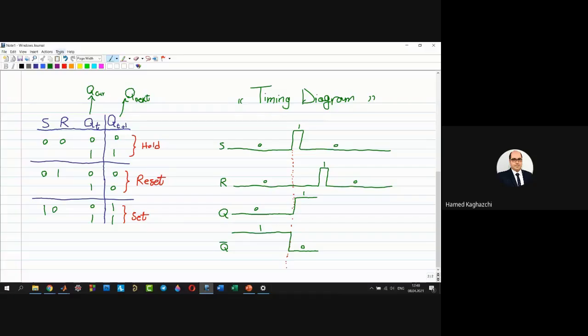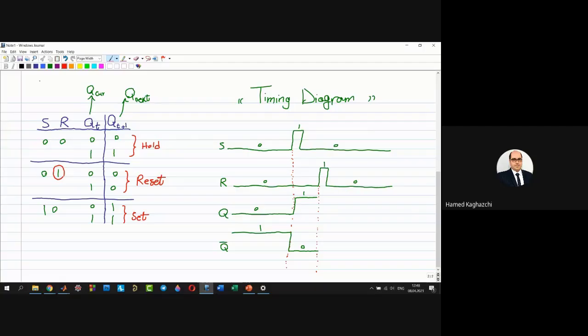Up to when? Up to the time that I set my R signal to 1. What happens in this case?